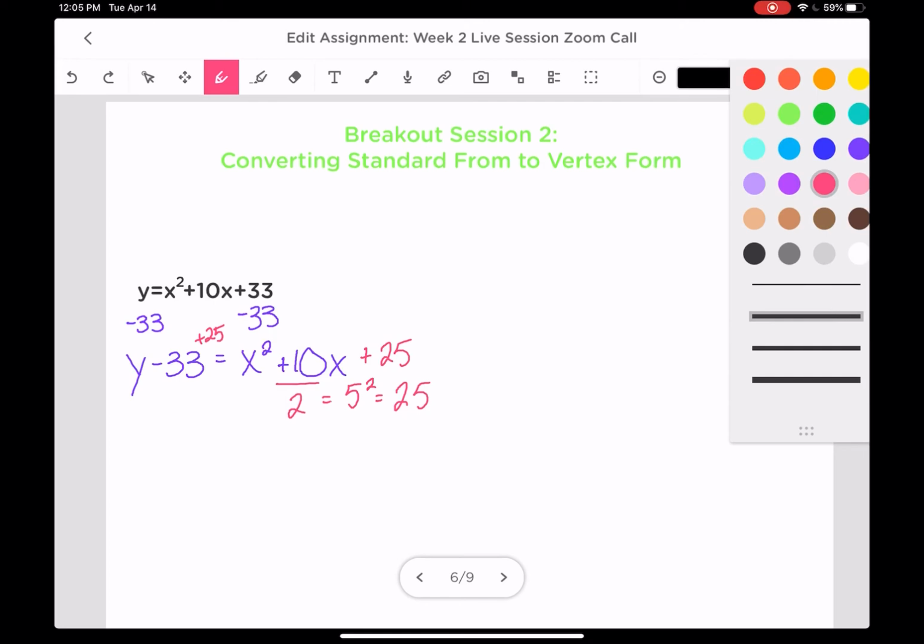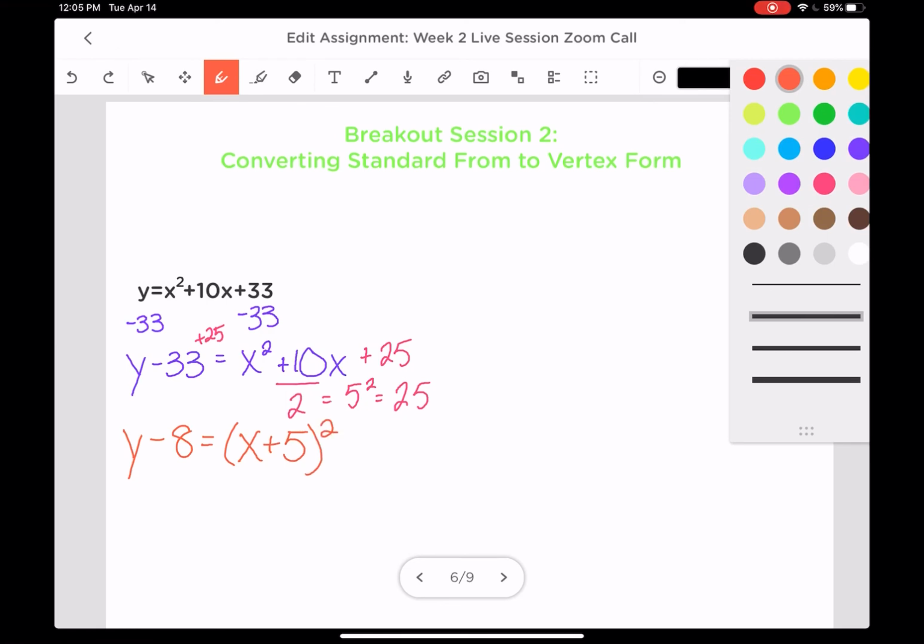From here, you can begin simplifying. So that would leave me with y minus 8, because negative 33 plus 25 is negative 8, equals, and I want to write the right-hand side of my equation as a perfect square. So that would be x plus 5 squared.